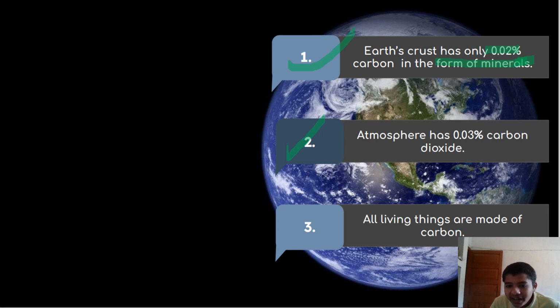The second point is that the atmosphere has 0.03% carbon dioxide. This is a basic lecture, so I will try as much as possible to give you the basics about carbon.